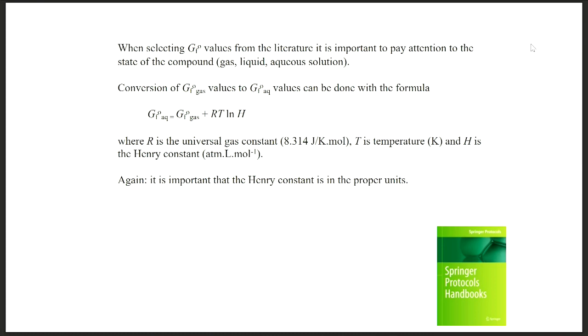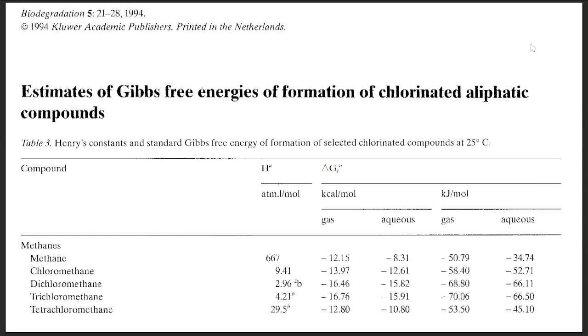You have to make sure the Henry constant, which is given in lots of different forms, is one where the units are correct. This is an example where we did those conversions just simply using the delta H of the Henry constant, not the enthalpy, sorry.